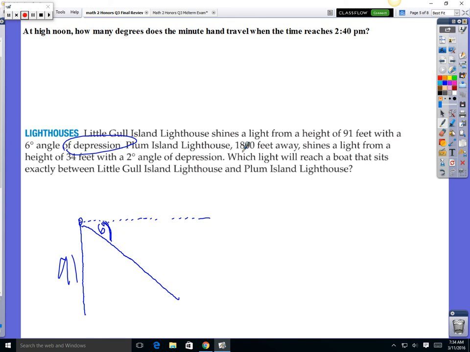Plum Island Lighthouse, which is 1,800 feet away. So from here to here, there's another lighthouse, and the distance is 1,800. It's not as tall, it's shorter. It's 34 feet. So let's make its height 34, and it's not as steep.